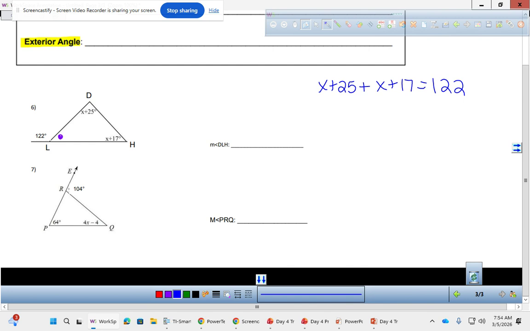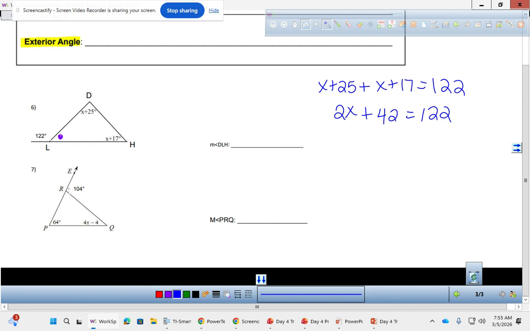If we're combining like terms here, we've got 2x, because x plus x, plus 42 equals 122. Everybody okay with that so far?